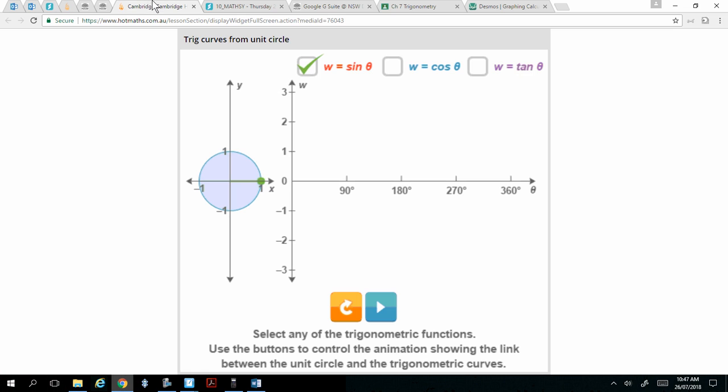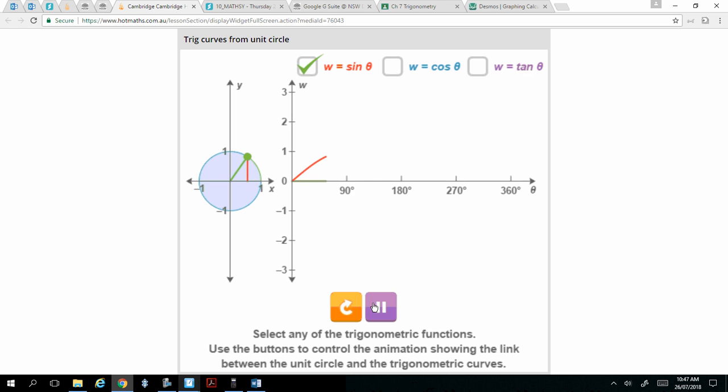Okay, watch very carefully. This is the unit circle. Now remember, what's the definition of sine? Sine is the y value. Currently the y value is 0, isn't it? So it starts off from 0 with angle 0. See, this is the y value, right?